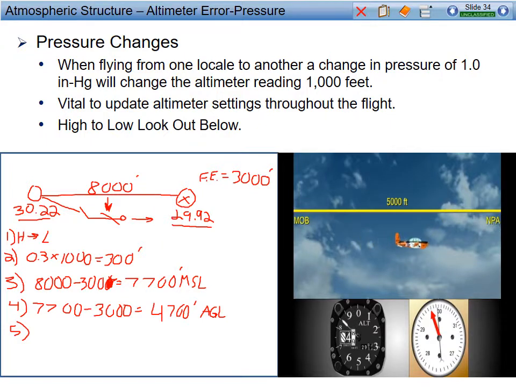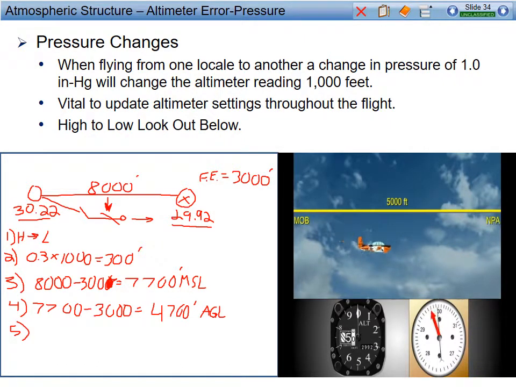And finally, the last question we may be asked or have to answer is what our altimeter would read if we were to land at our second station, and that will be again in MSL and be different from the field elevation because we did not update our altimeter setting.